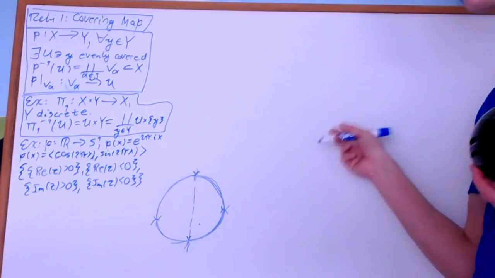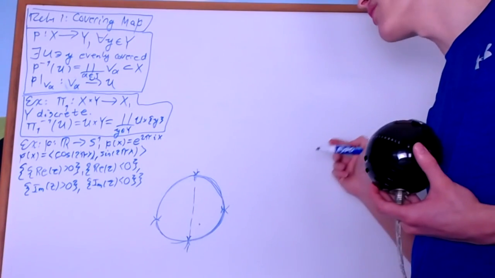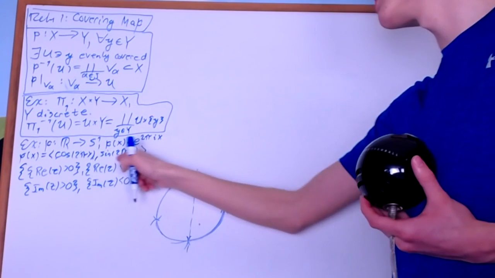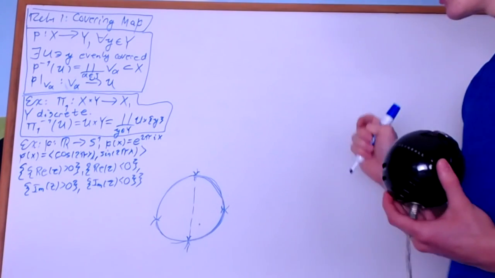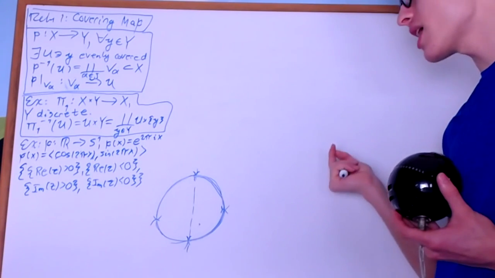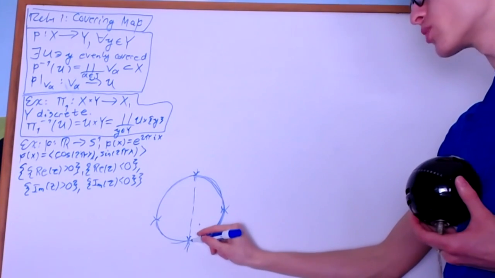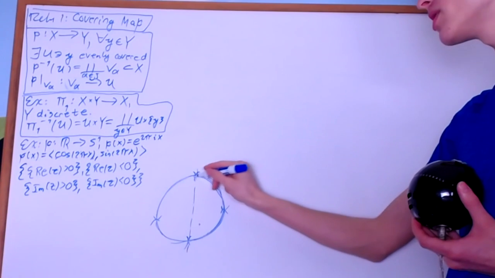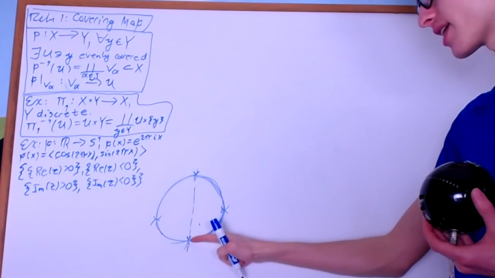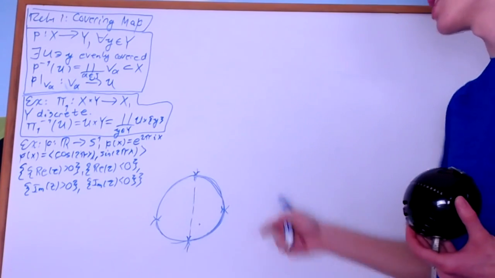All right, the reason why I picked these sets specifically is because of properties of cosine of 2 pi x and sine of 2 pi x. Namely, that on each of these intervals, they are strictly monotonic. So for instance, on the set where the real part of z is bigger than 0, we know that sine of 2 pi x is strictly monotonic. It's going up that entire time, strictly.